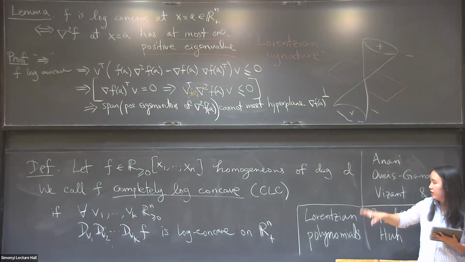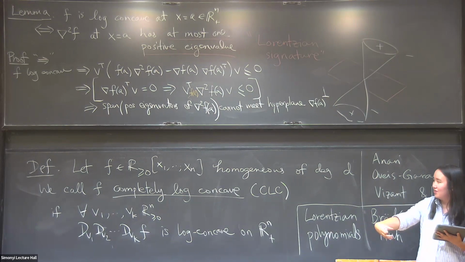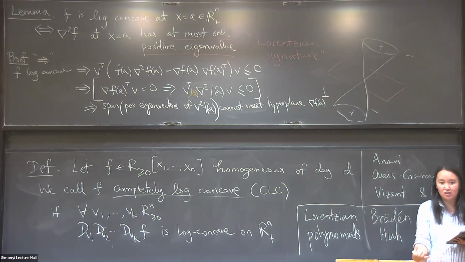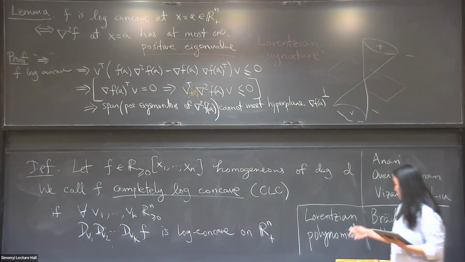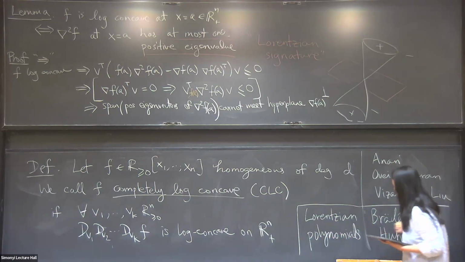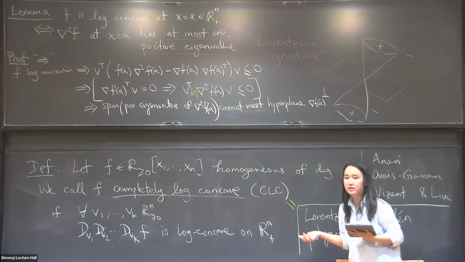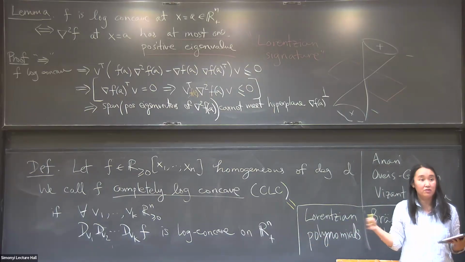For a quadratic form, having Lorentzian signature, and it's kind of recursive: look at polynomials whose derivatives are Lorentzian and so on, and then you have to take some kind of closure. But it turns out that these are equivalent.